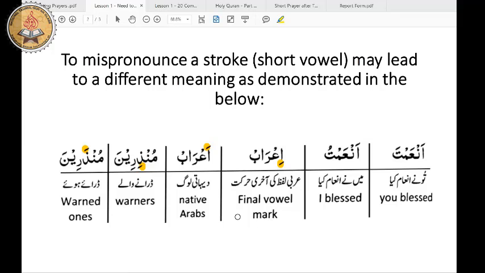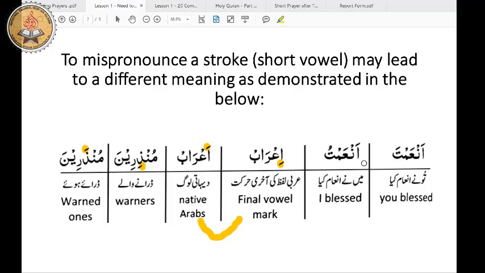So there's a big difference between native Arabs and final vowel mark. They don't have anything really to do with each other, but just placing a stroke somewhere where it doesn't belong, a little line, can change the whole meaning of a word.